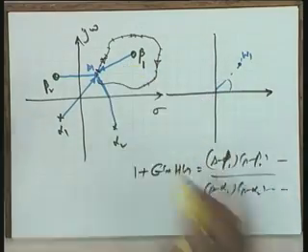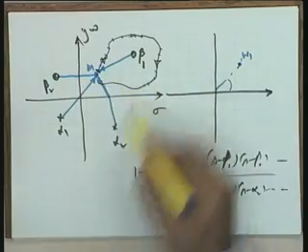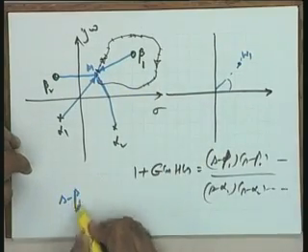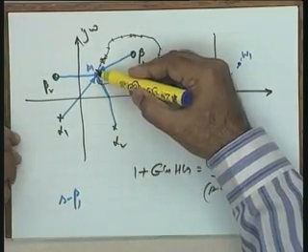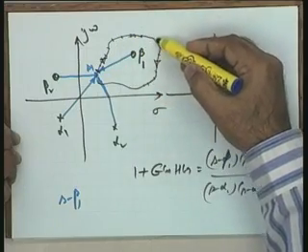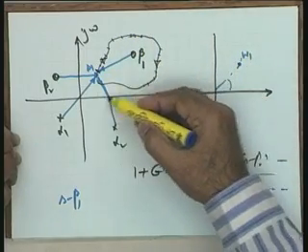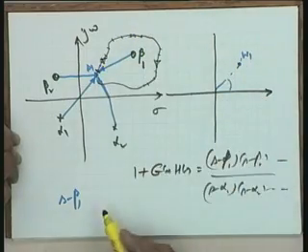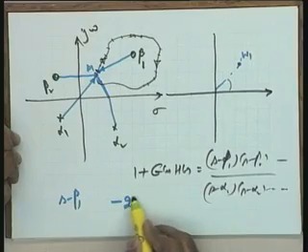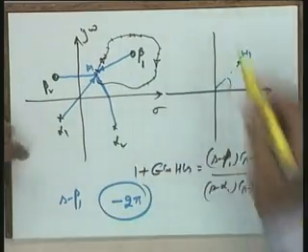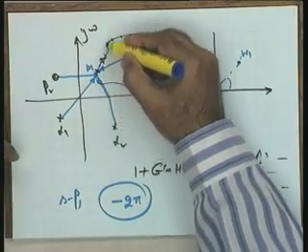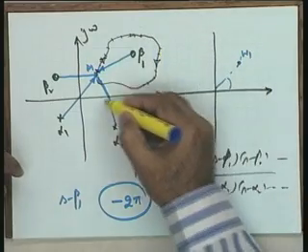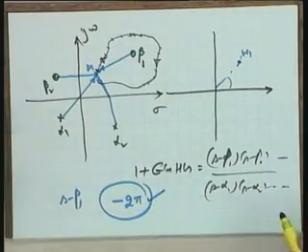Look at individual phasors. What will happen with the S minus beta 1 phasor? As you travel along this particular contour, it contributes an angle of minus 2 pi, you can see. Start from this point, traverse along this, and the total angle contributed is minus 2 pi.